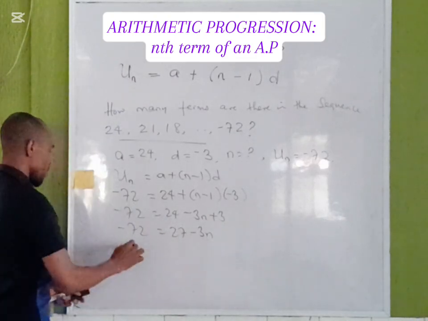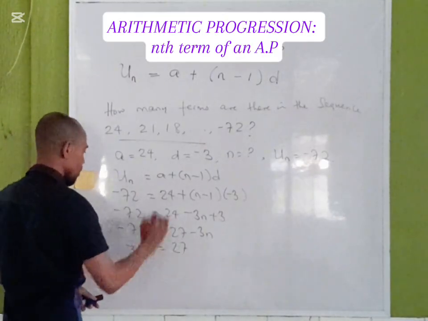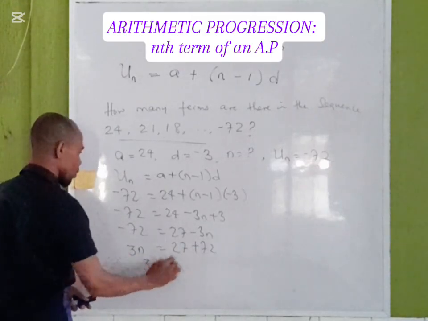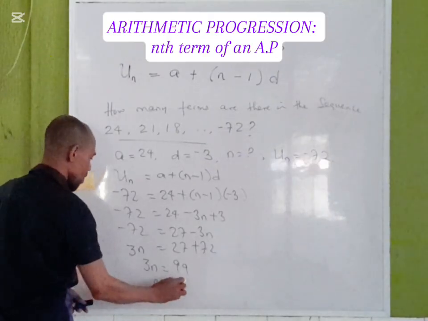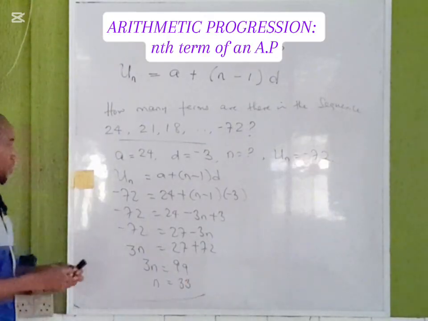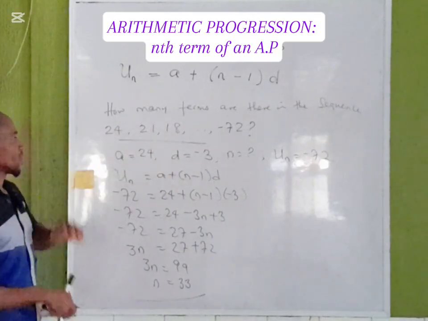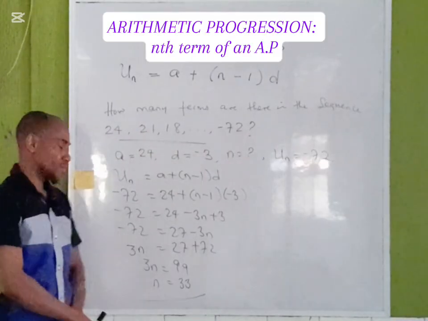So when we simplify from that, we have plus 3n equals 27, of course, plus 72. So 3n equals 99. Therefore, n is equal to 33.